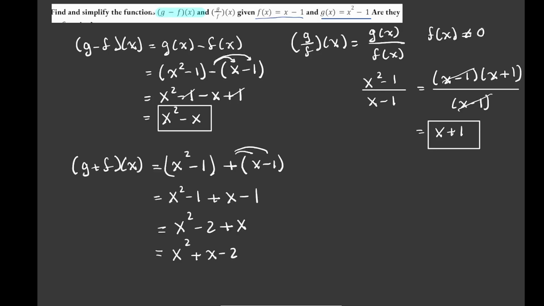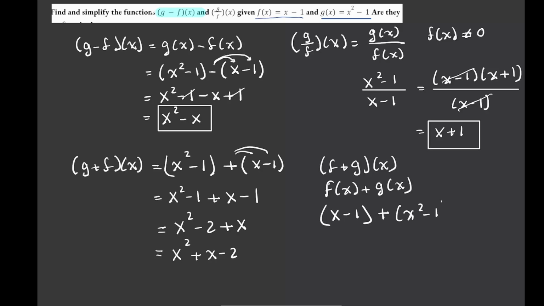Now, will I obtain the same answer if I did f plus g of x? I'm going to rewrite it as f of x plus g of x. My f of x function is x minus 1, plus my g of x function, x squared minus 1. Will I obtain the same answer as g plus f?